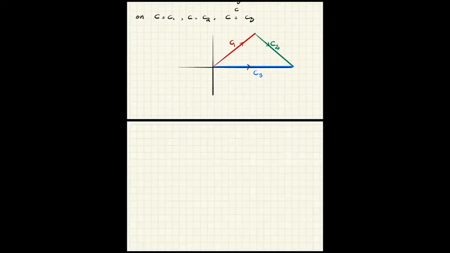Okay, so first, remember, these are not smooth. One of the things we were careful with is we wanted the curve to be smooth, which means that the derivative exists everywhere.